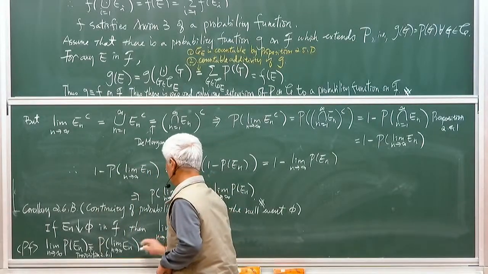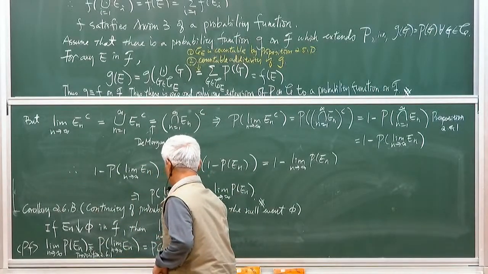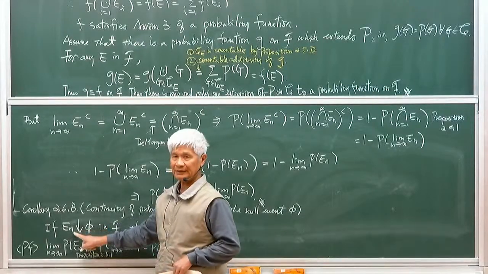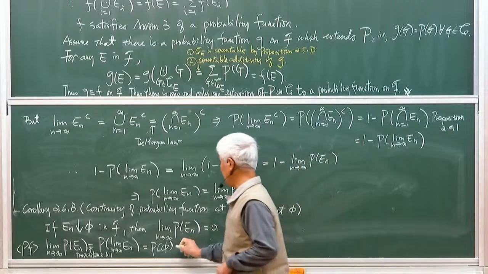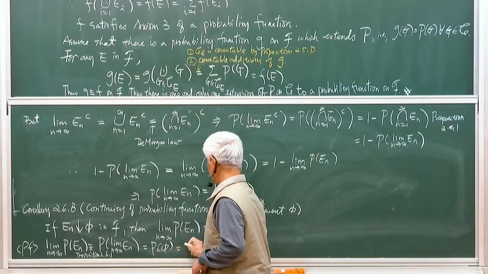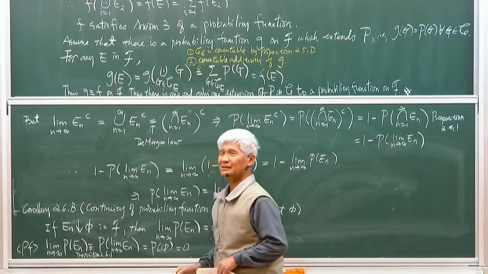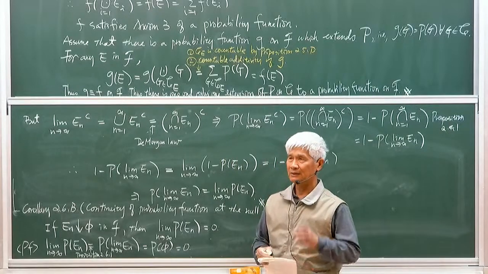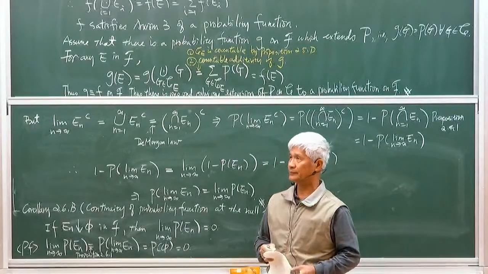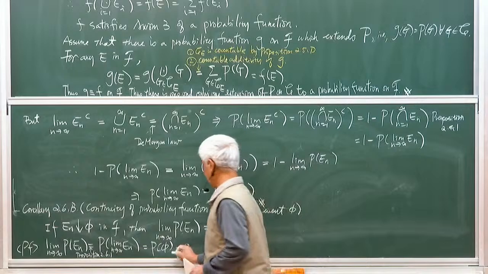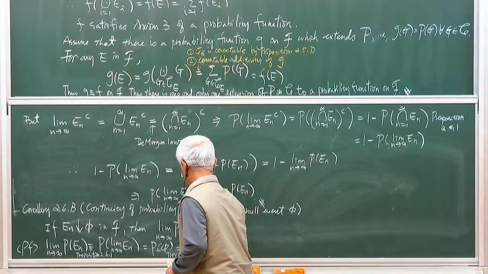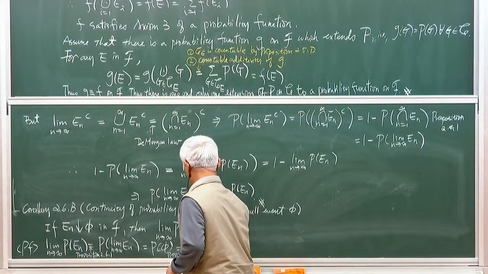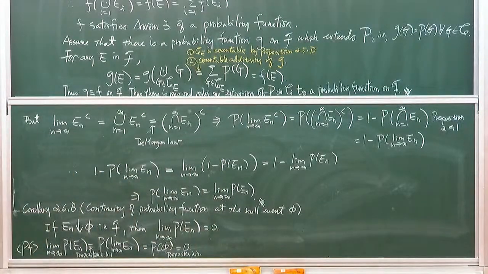And the limit, this is given, right? This is the empty set, and the empty set has 0 probability. I think I proved that before, I think it's proposition 2.3.A or B. Let me see.